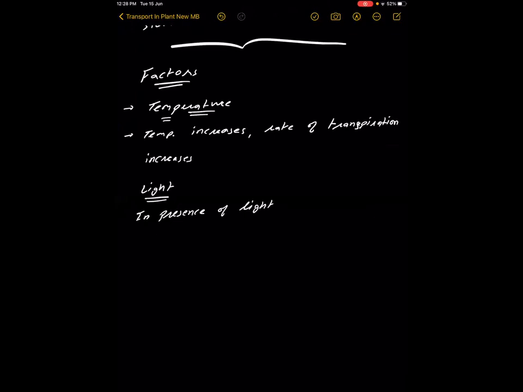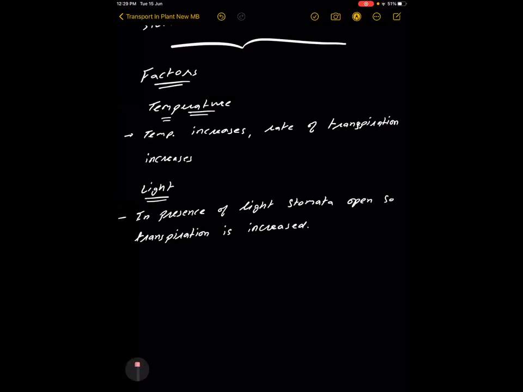In presence of light, stomata open, so transpiration is increased.